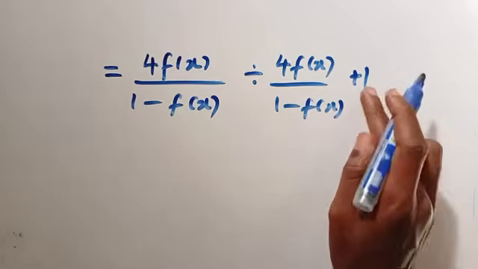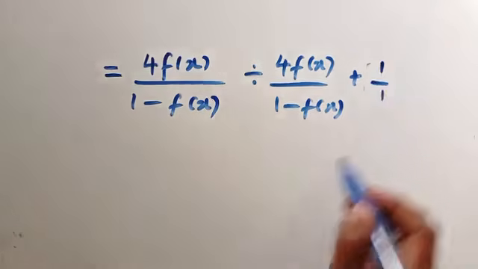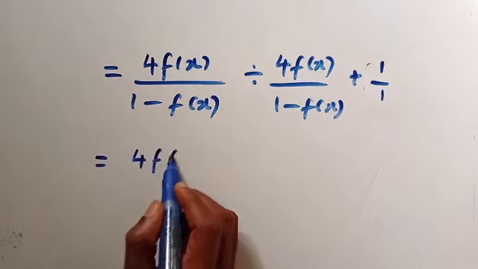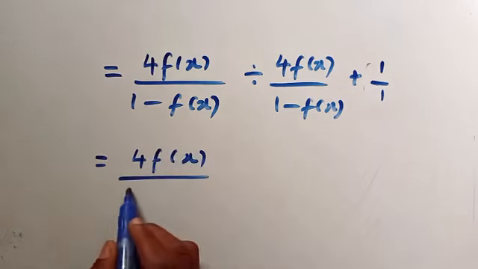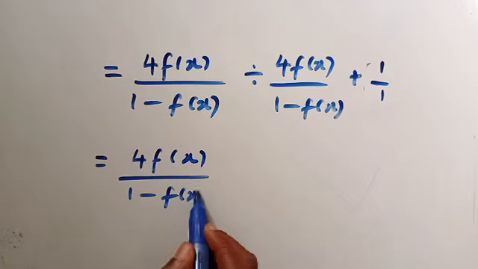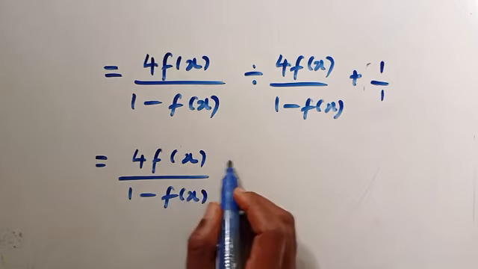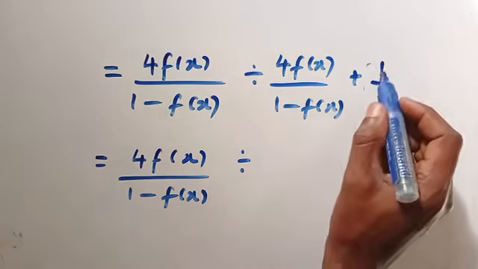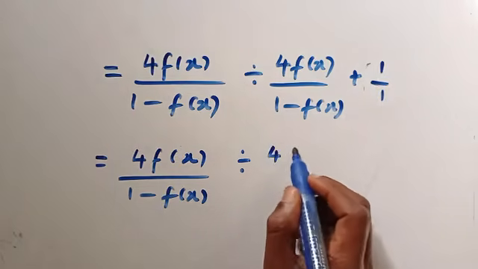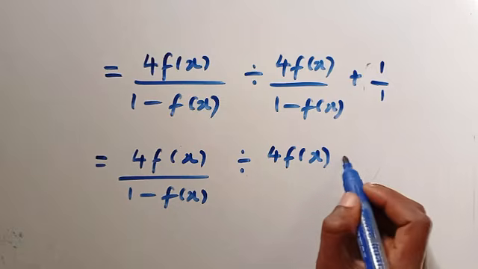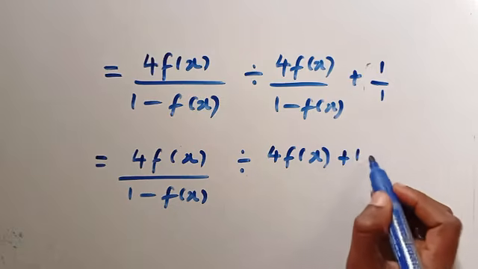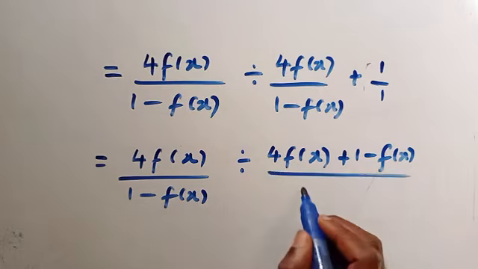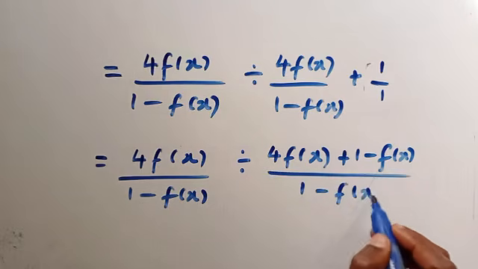And finding the LCM from here, let's say this is 1 over 1. If we find the LCM, we have this as 4f of x over 1 minus f of x, then divided by, we multiply 1 minus f of x with 1. So here we have 4f of x plus 1 minus f of x after we multiplied it, then divided by 1 minus f of x.